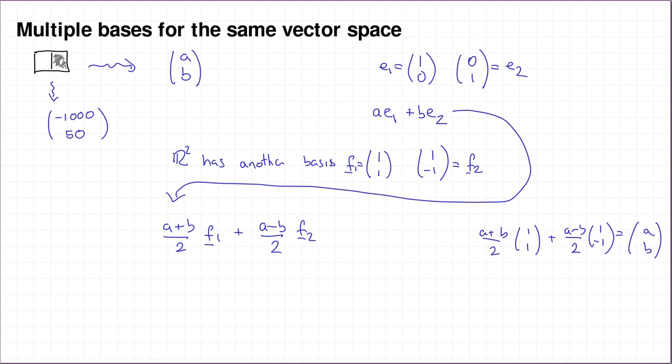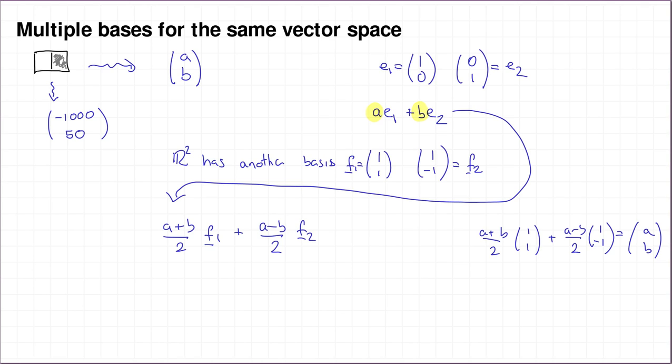What is this telling me then? I mean, what does this mean? So in our old representation, a was telling me how bright the first square was, and b was telling me how bright the second square was. So what have I got now in my representation with respect to this second basis?